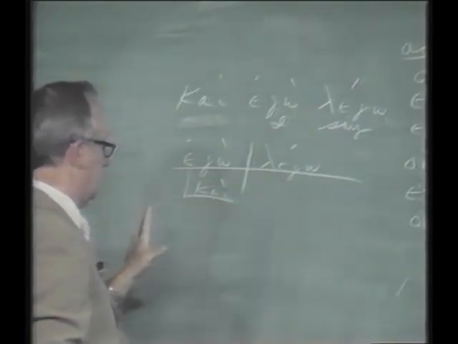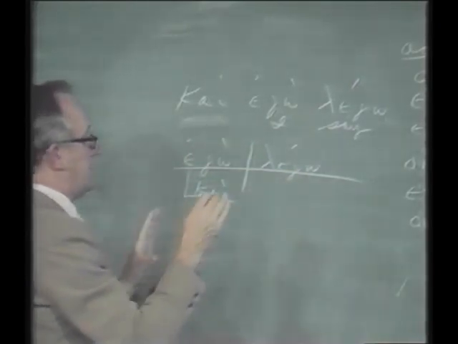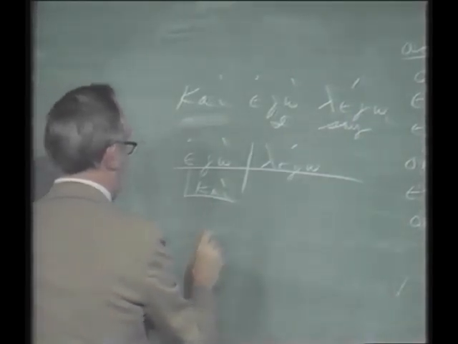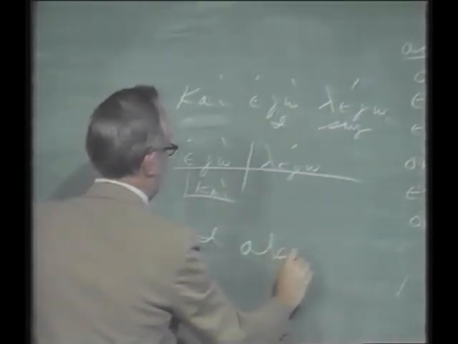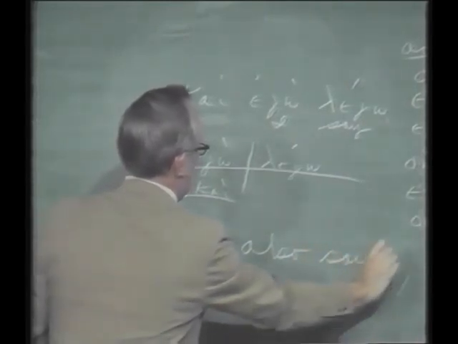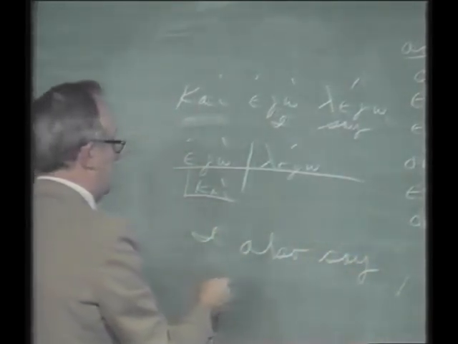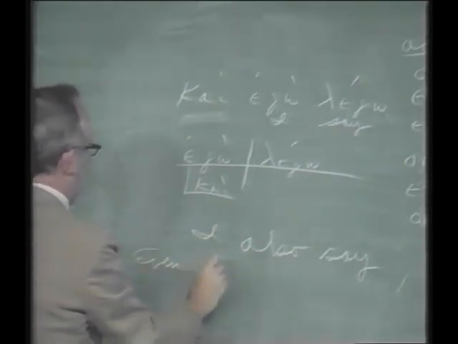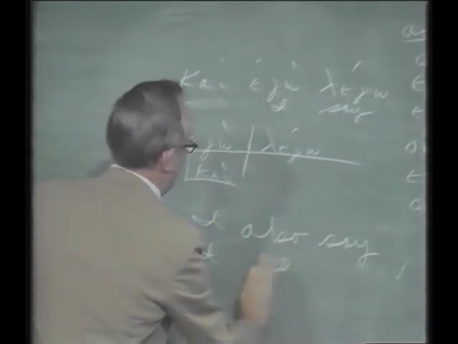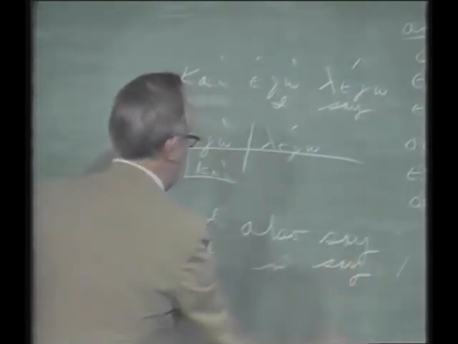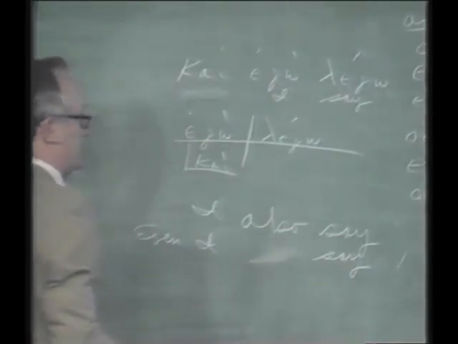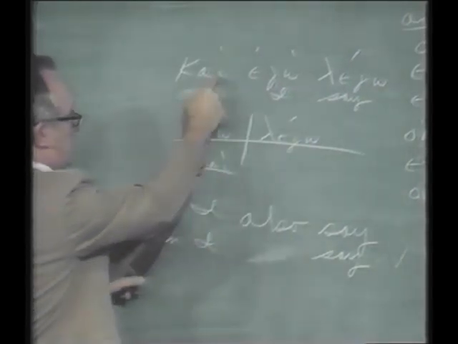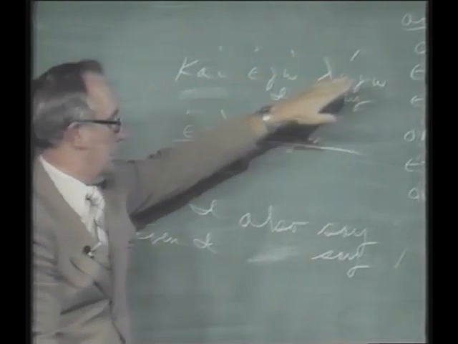Now, if you're saying, I also say, then you would translate it, I also say. Now, if you want to translate even, then in English, the even would go before the I. Even I say. So, what he has said is, if you translate it as even, the order will be the same as the Greek. The Greek is kai, ego, lego.